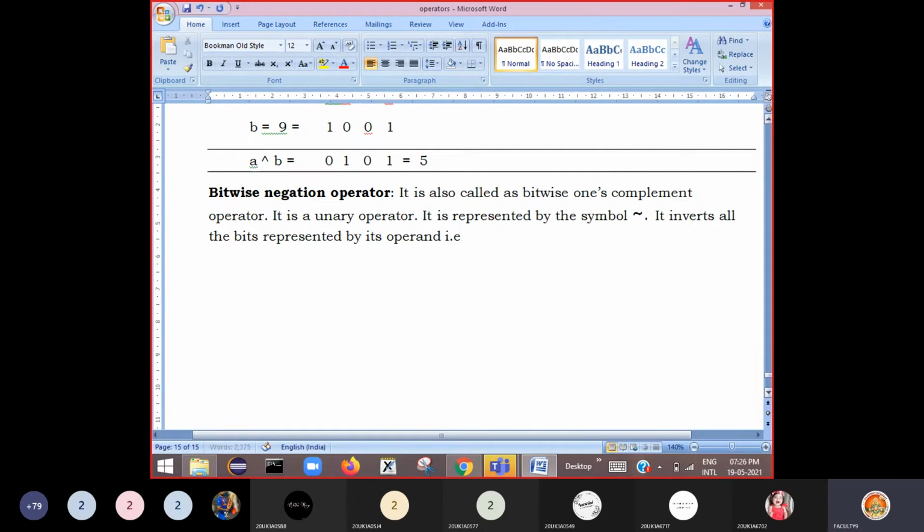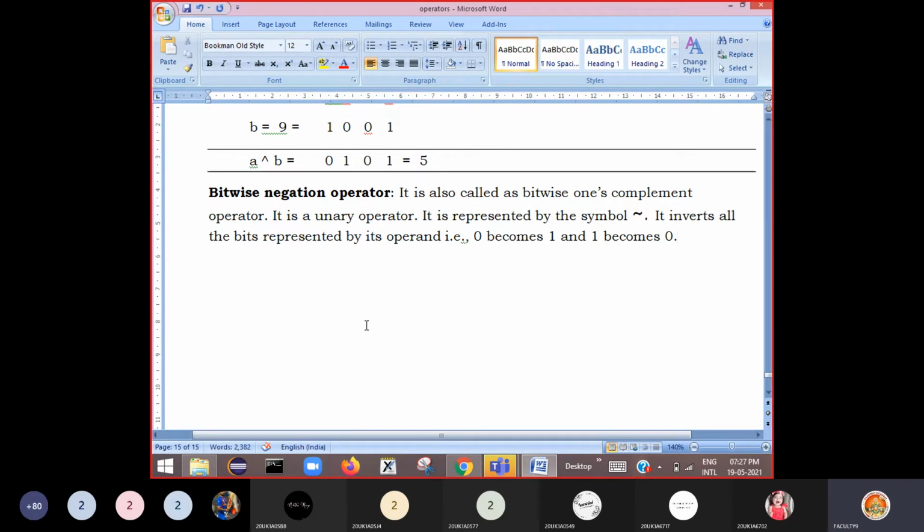So what do you mean by inverts here? 0 becomes 1 and 1 becomes 0. That is called the invert operation. That means if its operand contains a bit as 0, it converts it to 1.